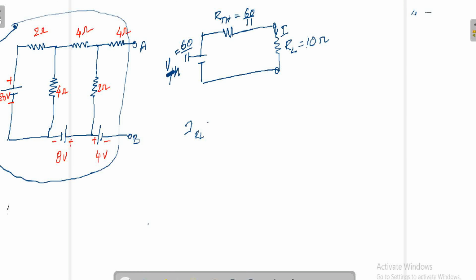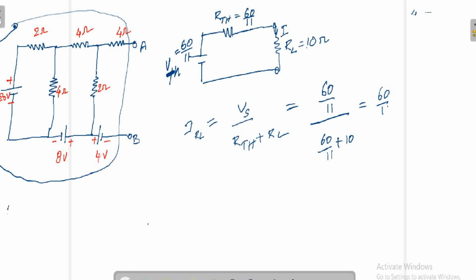Again RTH and this RL are in series. So the current is the source voltage by total resistance, RTH plus RL. Just substitute: 60 by 11 by 60 by 11 plus 10. What do you get? 60 by 11 by 60 plus 10 into 11, that is 170 by 11.